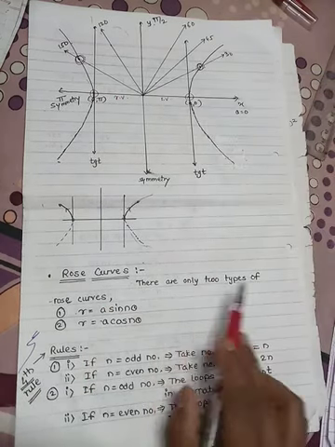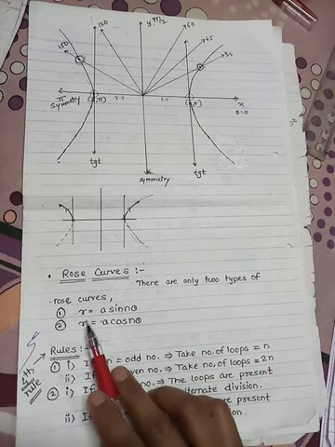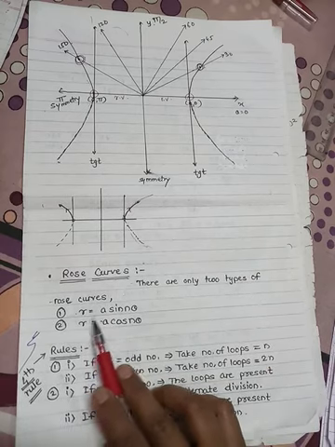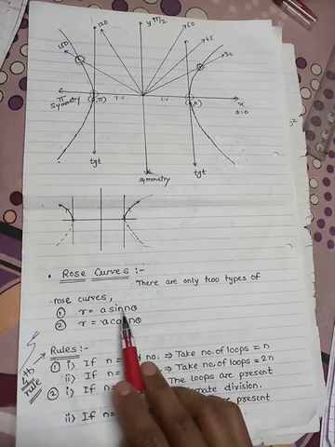There are only two types of rose curves. First is r equal to a sin n theta, where n is any particular number.